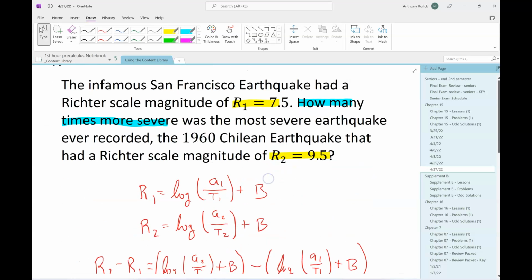Since we're talking about the severity, that's really talking about the amplitude. When we're talking about how severe an earthquake was, it's like how much rocking was that building doing, was the ground doing? Does that feel plausible to you guys?